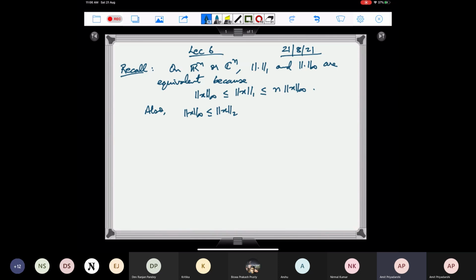So you get norm x infinity is less than or equal to norm x2, and this is less than or equal to square root n times norm infinity. Because again, the summation of xi squared is less than or equal to n times the maximum of mod xi squared, and then you take the square root.